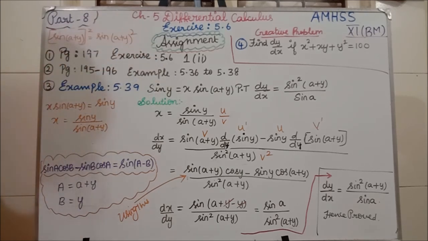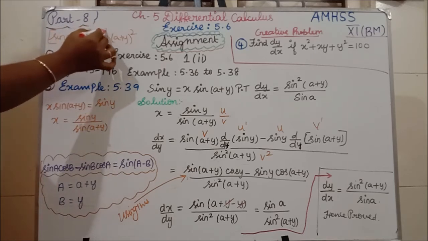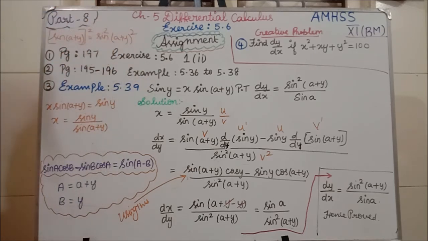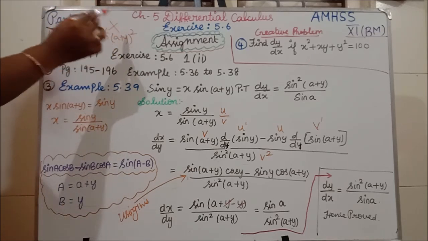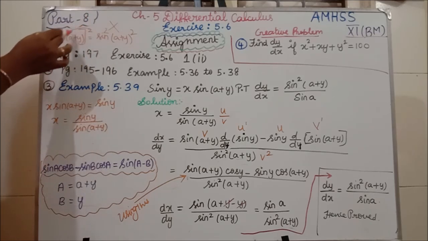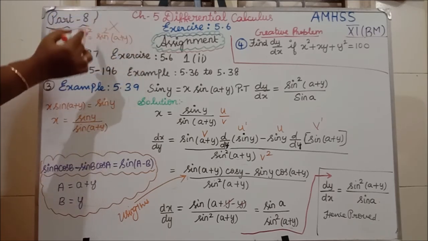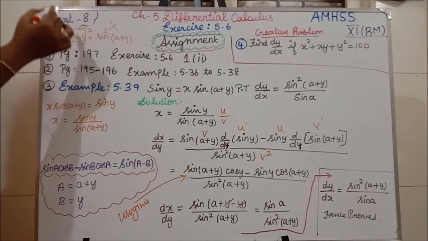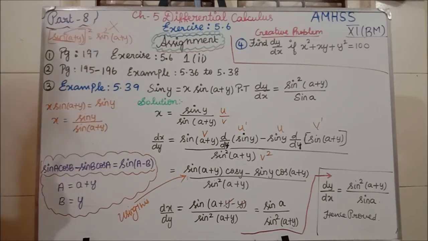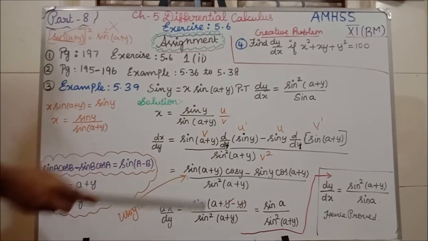Somebody will write a square here also and a square here also. You should not write like this. This is wrong. The square is only for the sine. When you square, you will get sine square a plus y only. Clear, students? That only I have written in the denominator.